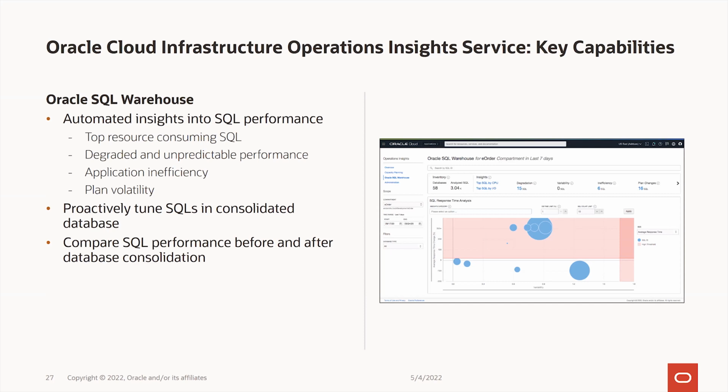So with Oracle SQL Warehouse, you can collect SQL execution plan and session data into a long-term Oracle SQL Warehouse and store data for 25 months. Also, you can compare SQL execution plans between production, test, and development databases.